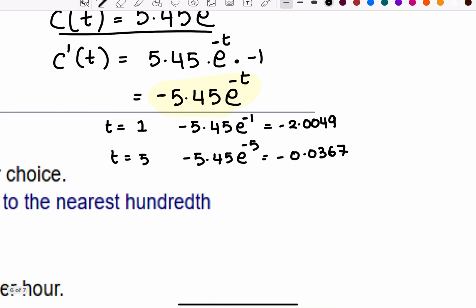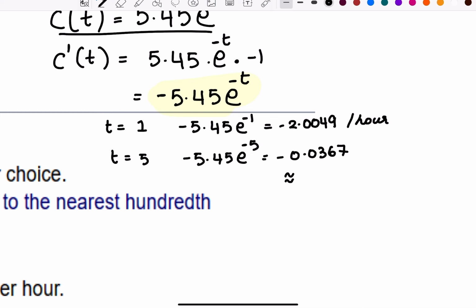And you're differentiating with respect to time. So this is going to be negative 2 milligrams per milliliter per hour. If you see the negative, that means the concentration of the drug reduces. Negative stands for reduction, reduces by 2 milligrams per milliliter per hour. After 5 hours, it is 0.0367.